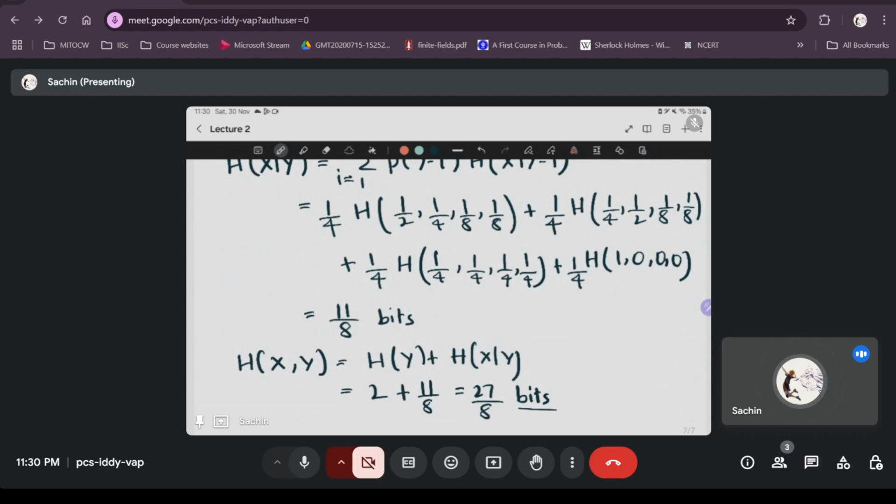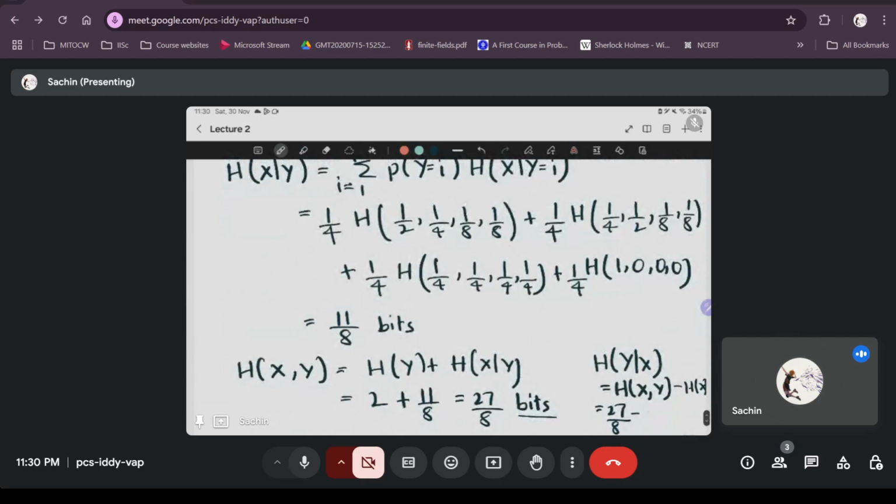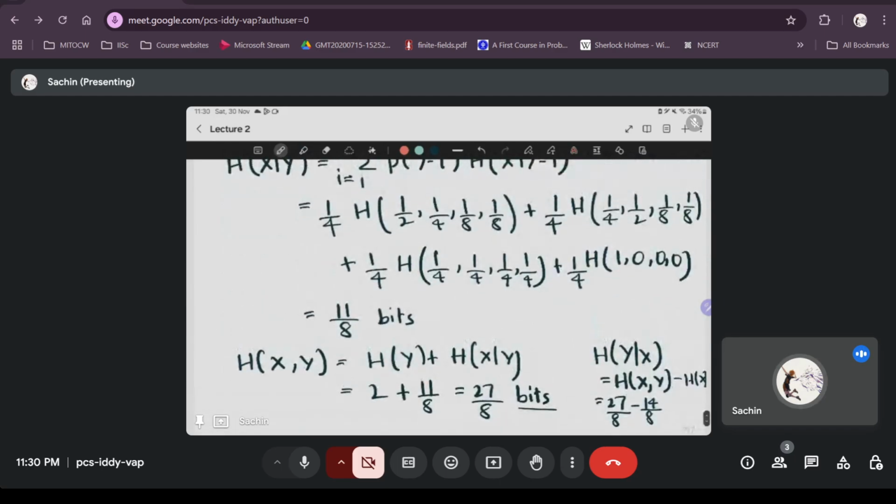So that would mean your h of y given x is h of x comma y minus h of x, right? Which is 27 over 8 minus h of x, which was 7 over 4 or 14 over 8. So it's 13 by 8 bits.